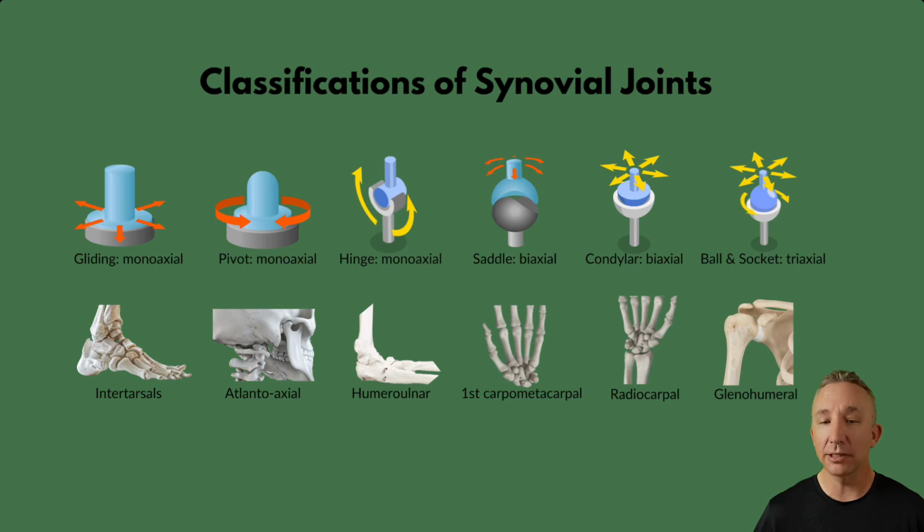Next is the condylar joint, another biaxial, meaning on two planes, and condylar is also referred to as an ellipsoid joint. Ellipsoid, like the elliptical machine, and it's concave. What's happening here is you're describing movement in two different directions. You have this shallow depression where one bone is articulating with a rounded structure underneath. We see that in the hand. We're looking at our carpal bones, the scaphoid, the lunate, and the triquetrum.